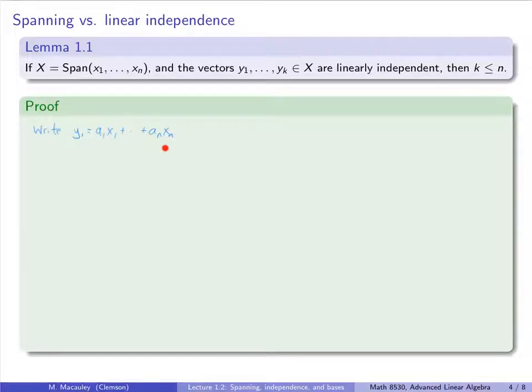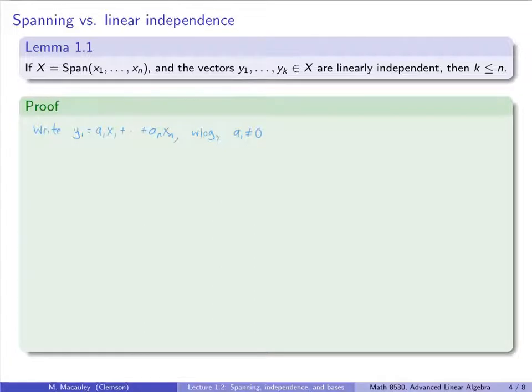So it doesn't matter which one we say is non-zero. We will write, without loss of generality, that a1 is non-zero. Otherwise, we could just renumber. So because of that, we isolate and solve for x1 because we can divide by a1.